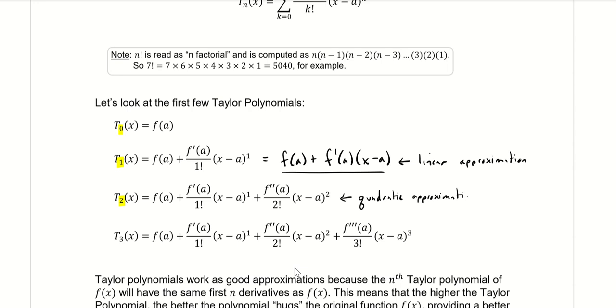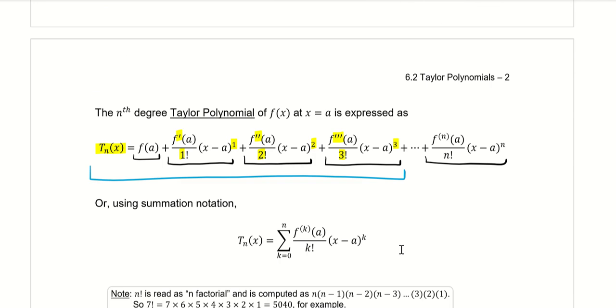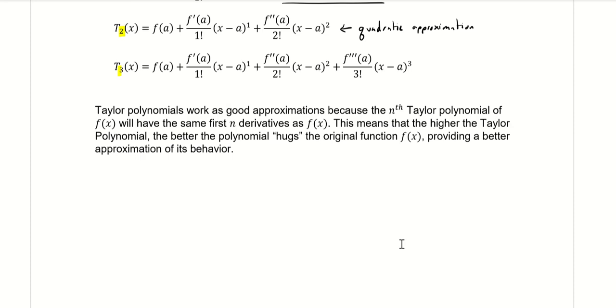And then another pretty common one that you'll see, again, there's a trade-off you start getting between calculating a bunch of higher order derivatives versus just dealing with the original function. This one, the 3rd degree Taylor polynomial, is our cubic approximation.